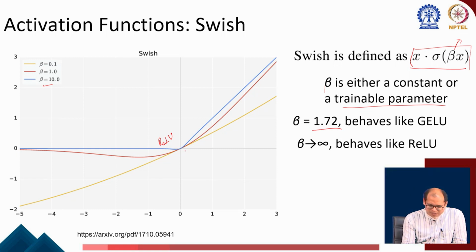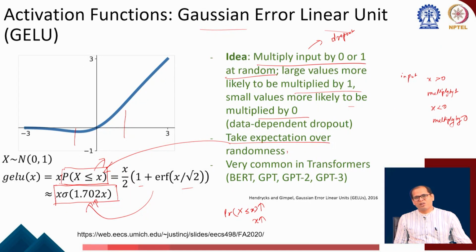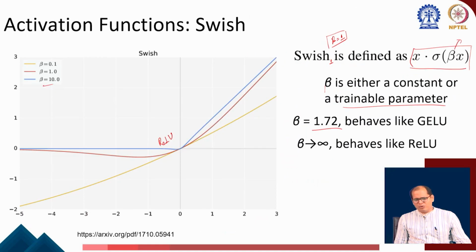Many times people use swish with beta equal to 1. Lately these two activation functions, GELU and swish, have been the most popular ones.